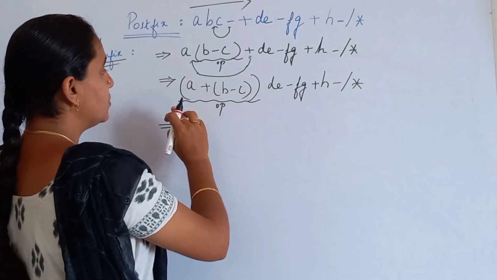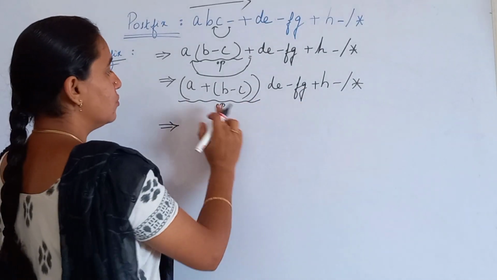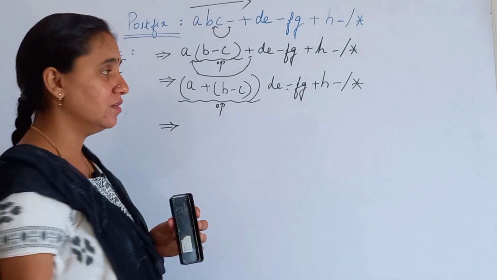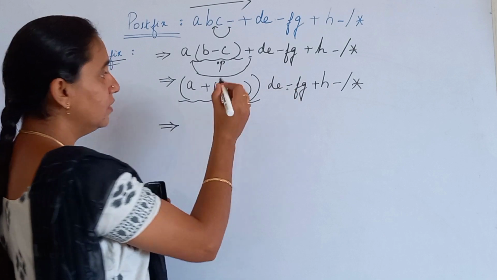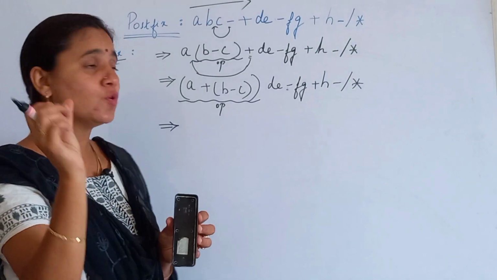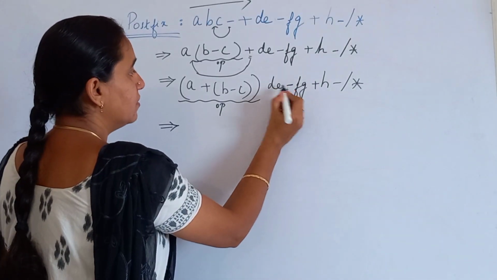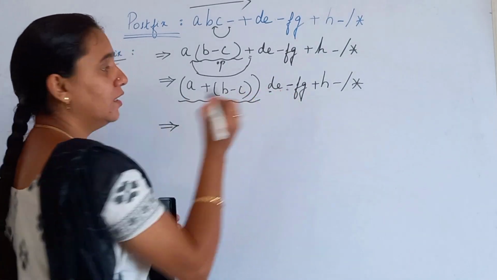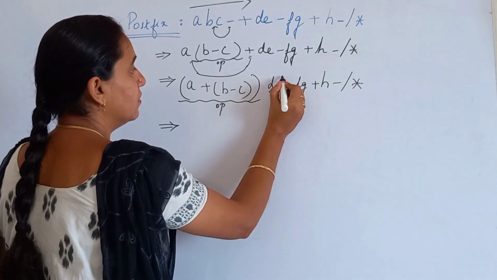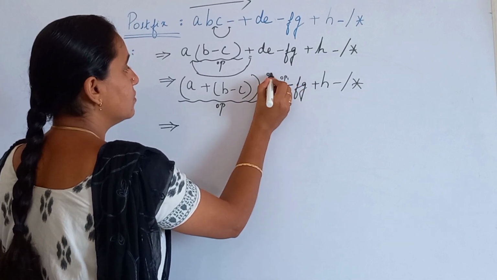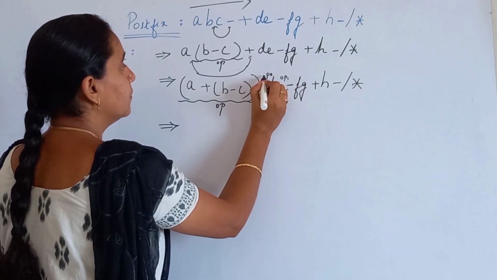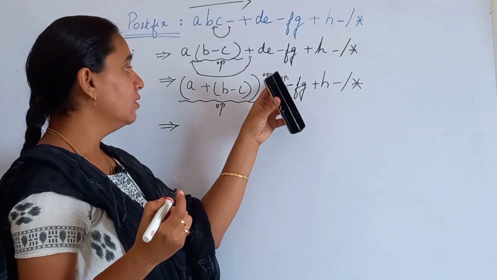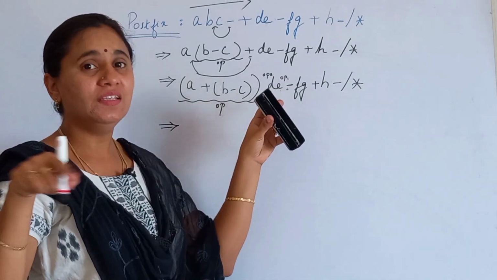Now if you start searching from left, this is your next operator. Minus is your next operator. So shift towards the left of the nearest operand. Nearby minus, E is one operand, D is another operand. I will write it here: this is operand 1 and this is operand 2. So minus has to be shifted to the nearest operand E, and you will get D minus E. Write here.